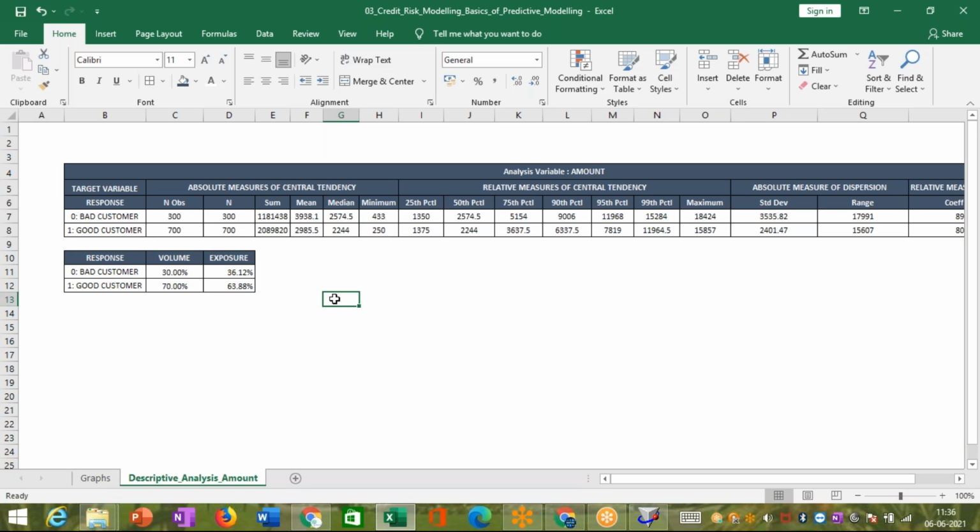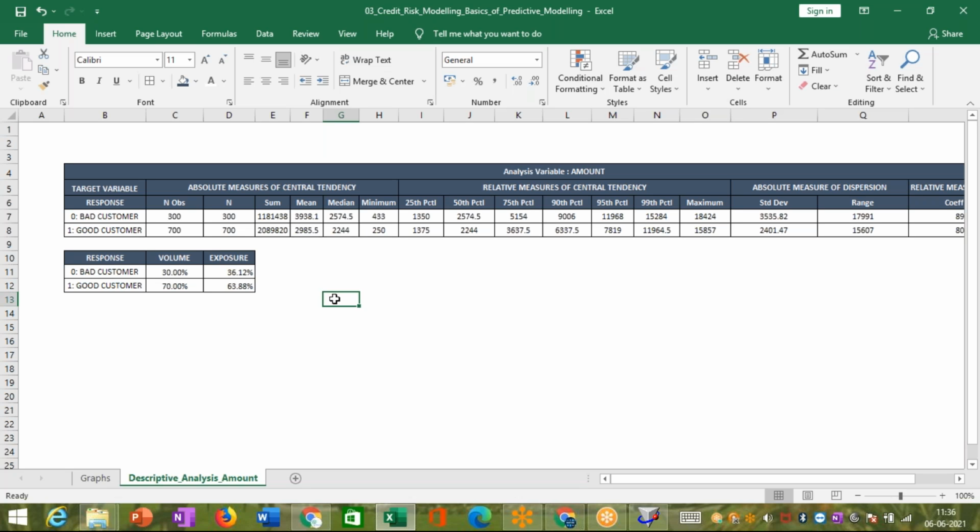Over here, the mean and the median for the bad customers are higher compared to the mean and median of the good customers. So one thing we can clearly say is that on an average, the amount of credit that a bad customer would try to apply for would always be relatively higher than that applied by the good customers.